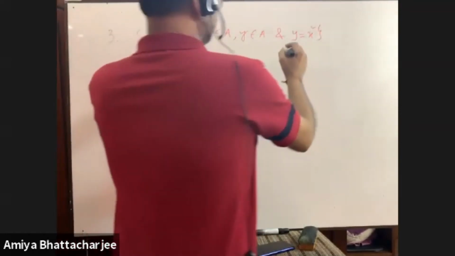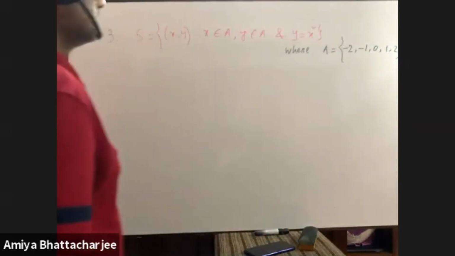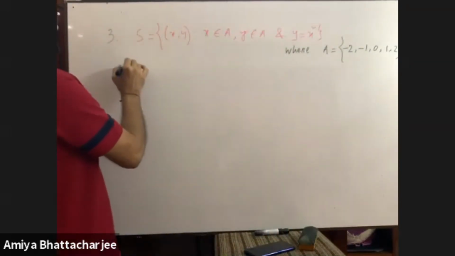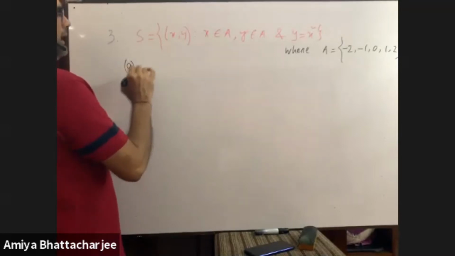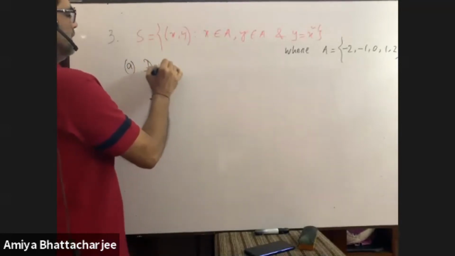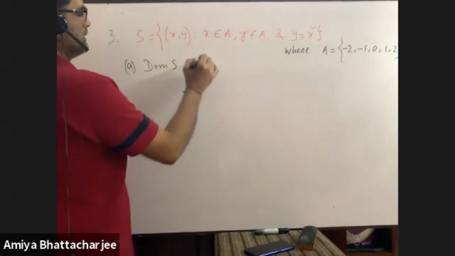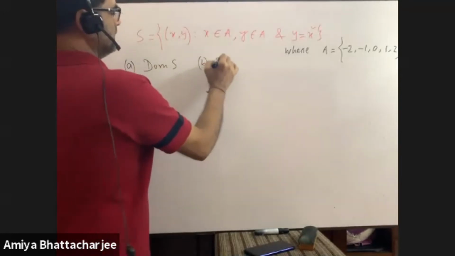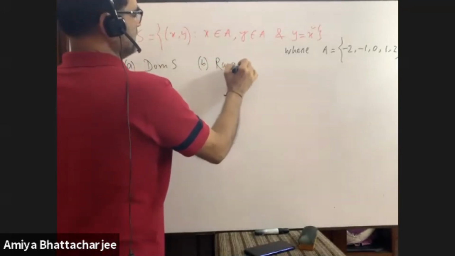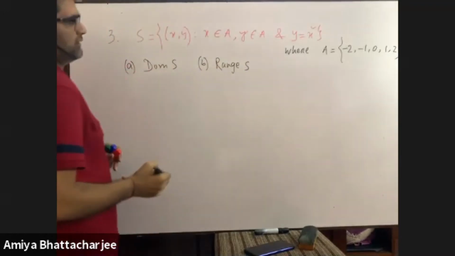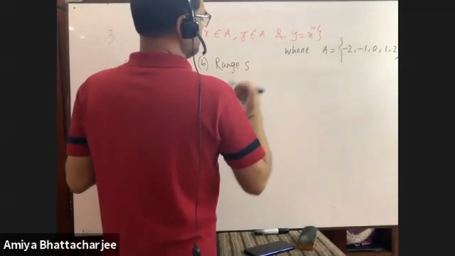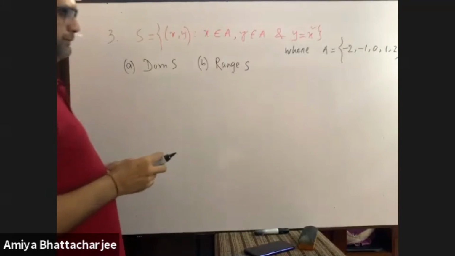In part A, what is the domain? In part B, what is the range? It is not a critique question, it is MCQ. 2 marks, 1 plus 1, 2 marks.